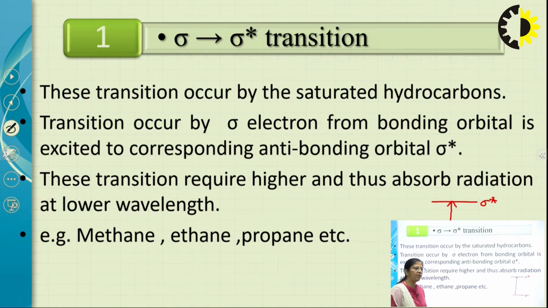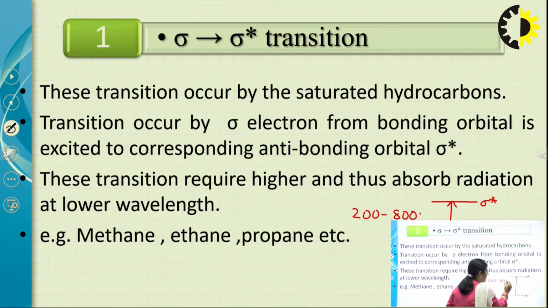And the UV visible range that we are covering is from 200 to 800 nanometers. For sigma to sigma star transitions, we generally require a region below 200 nanometers because they require very high energy, so they occur at shorter wavelengths. Now, on moving below 200 nanometers, what happens?